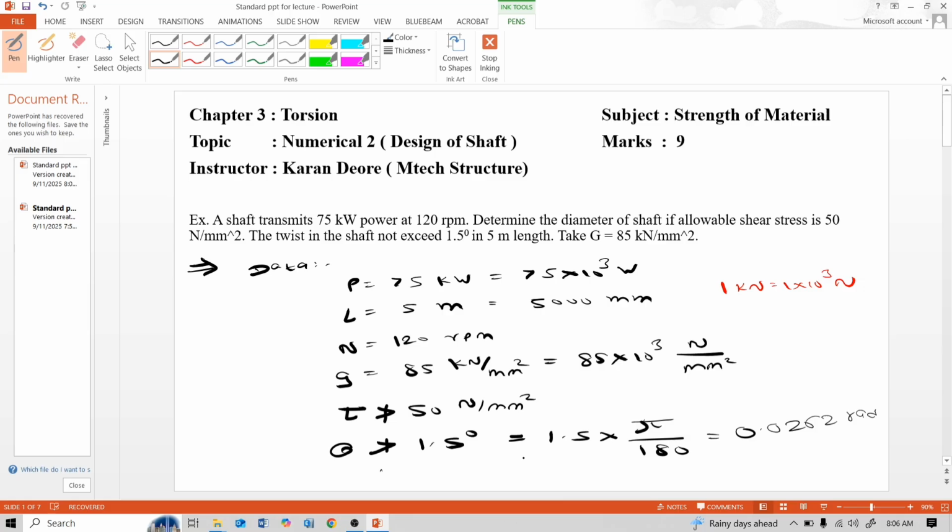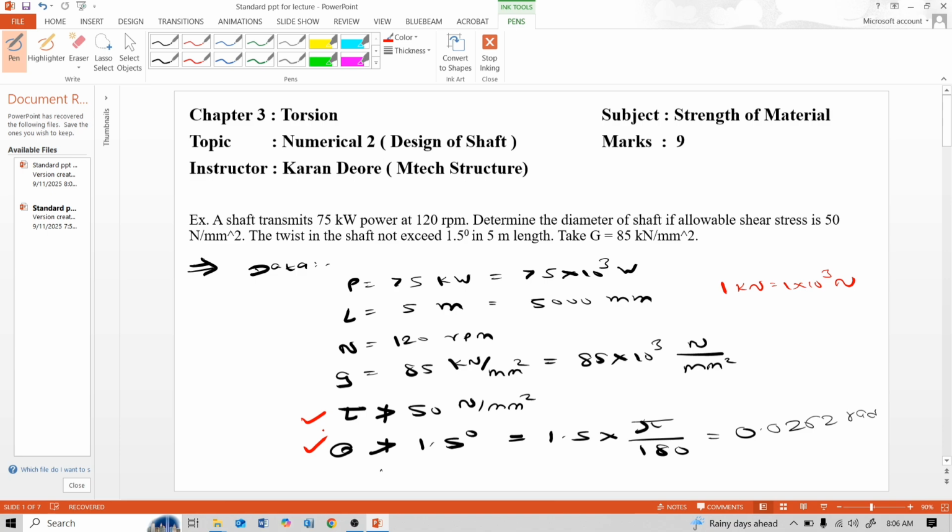So we have to find out the diameter required for that shaft. We will find first the diameter based on shear stress and second the diameter based on angle of twist, because we have both shear stress and angle of twist.